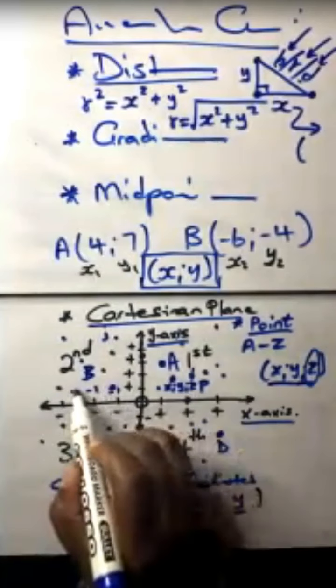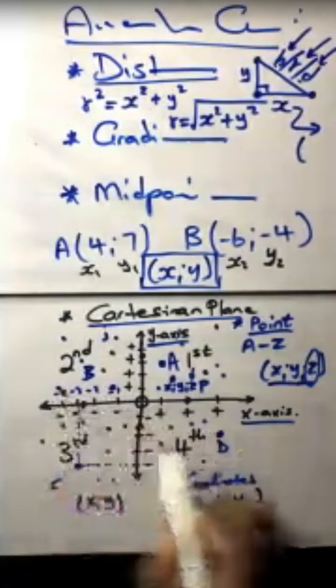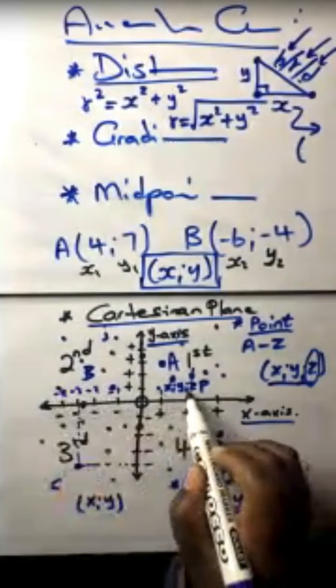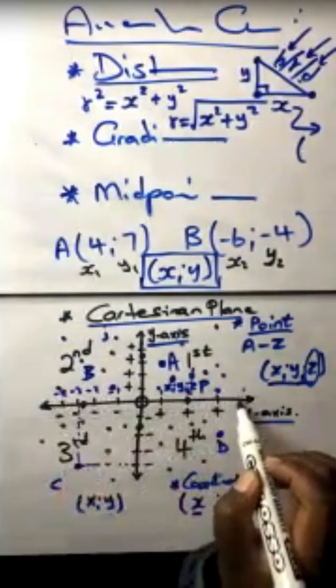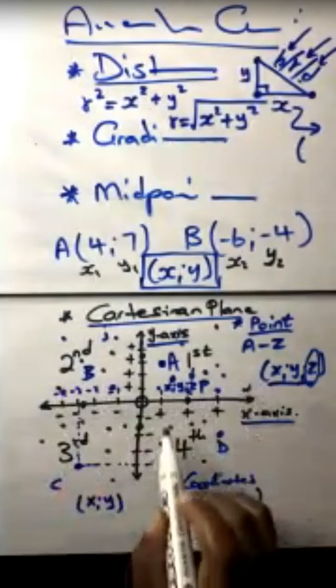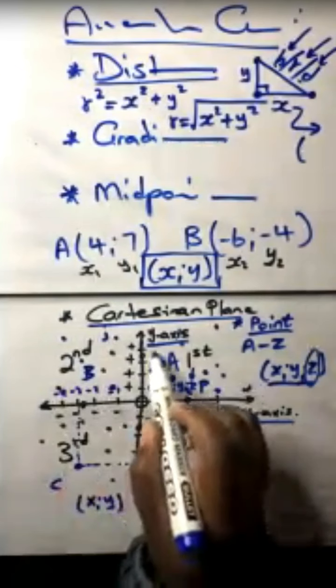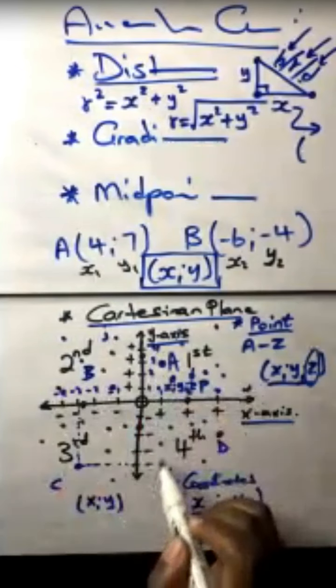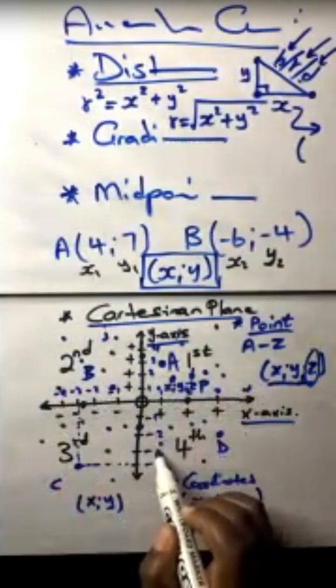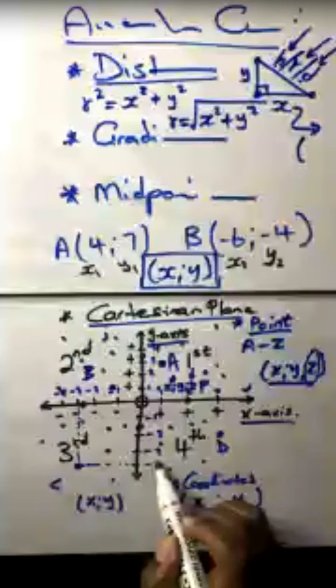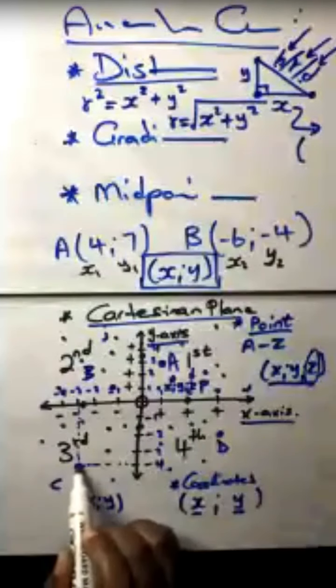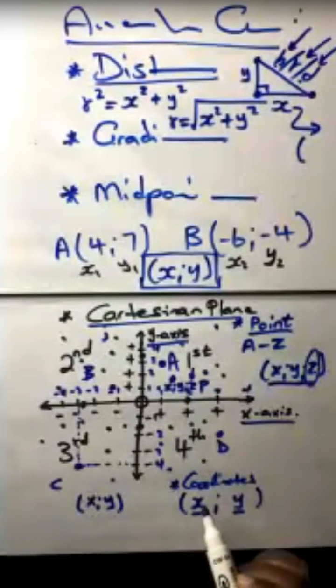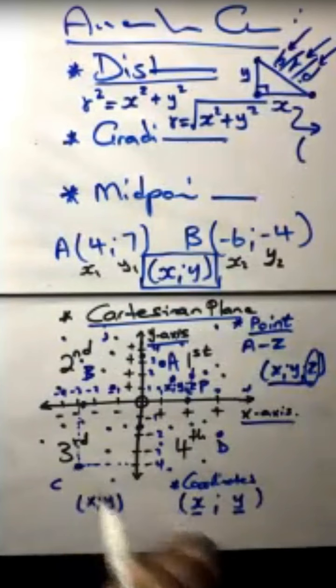This will be -2, -3, -4, +1, 2, 3. If there was a 4, then what? 1, 2, 3, 4. What else? -1, -2, -3, -4. So that point over there, Shreyas, do you want to guess what are the coordinates of that point over there?